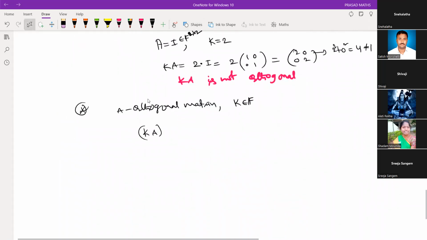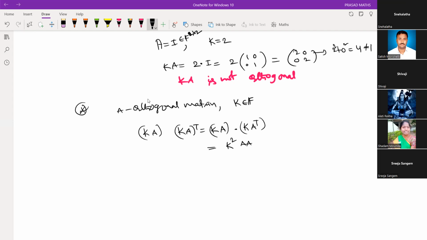K into A whole transpose is equal to K into A transpose. So K into A, K into A transpose can be rewritten as K square into A into A transpose. That means K square into I. In general, K square into I cannot be the identity matrix. In general, this may not be true.